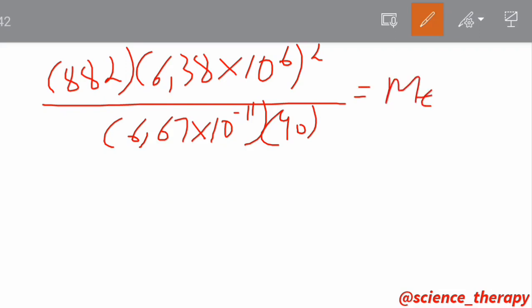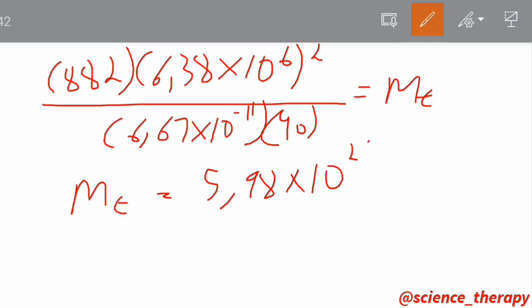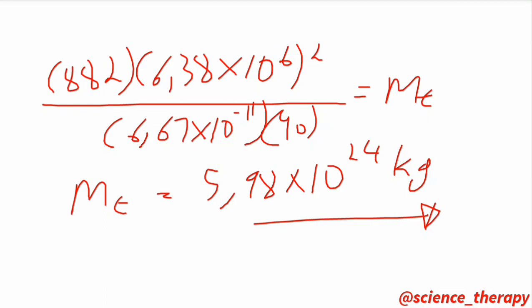Now you just punch all that in your calculator. You get 5.98 times 10 to the power of 24 kg, which corresponds to the value that we have on our data sheet, on our physical constants. So that is the mass of the Earth.